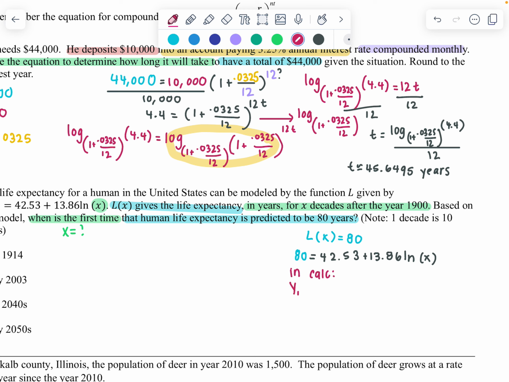Now in your calculator, in your y1, you're going to type your first equation, 42.53 plus 13.86 natural log of x. In y2, you're going to type 80.